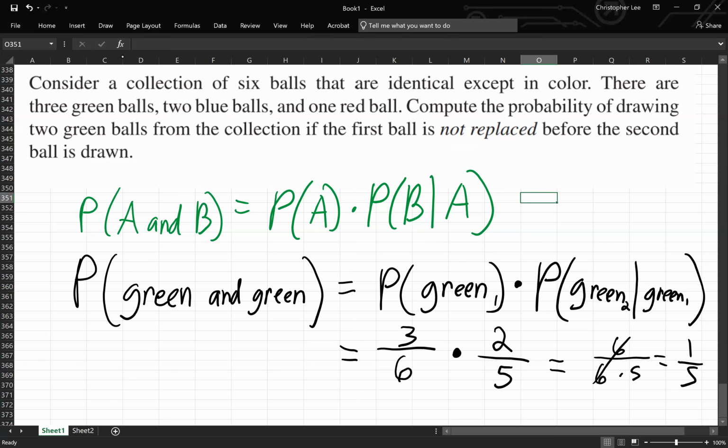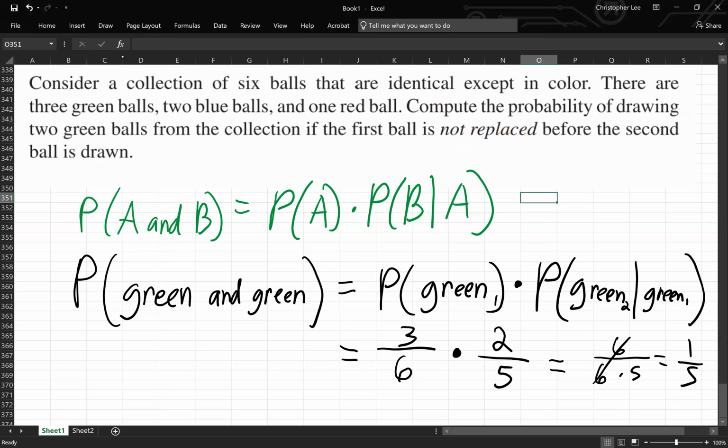That's it. And then you got the 3 out of 6 times 2 out of 5 equals.